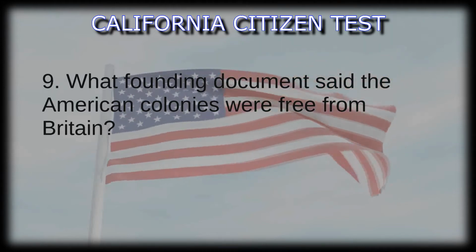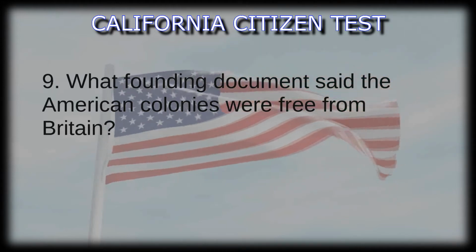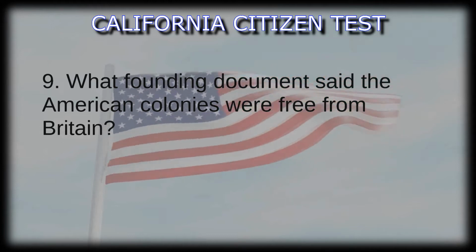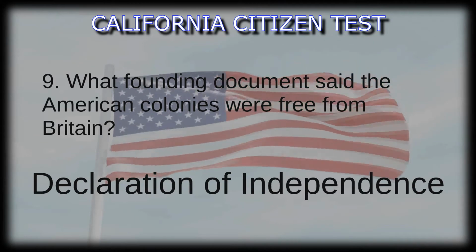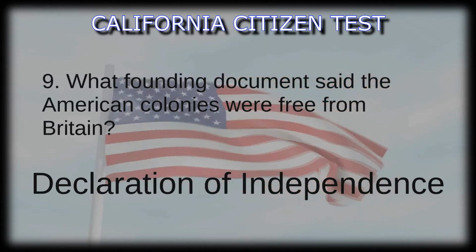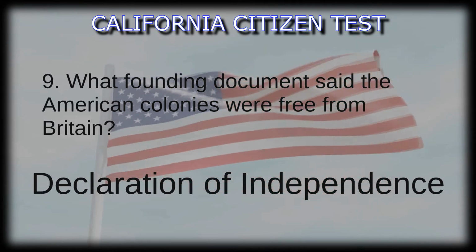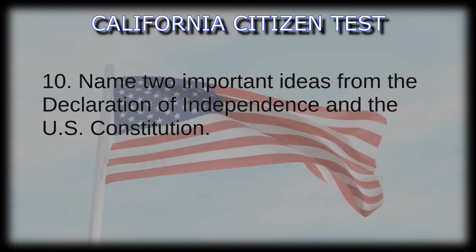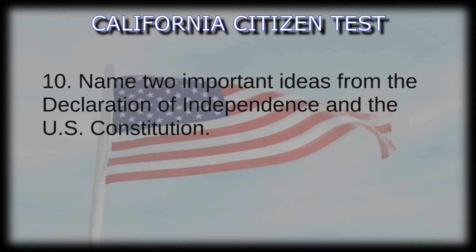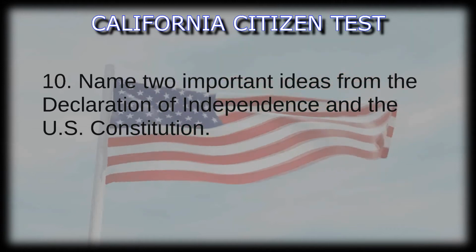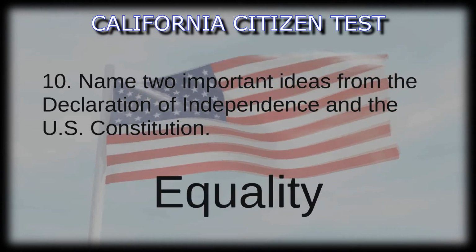9. What founding document said the American colonies were free from Britain? Declaration of Independence. 10. Name two important ideas from the Declaration of Independence and the U.S. Constitution. Equality.